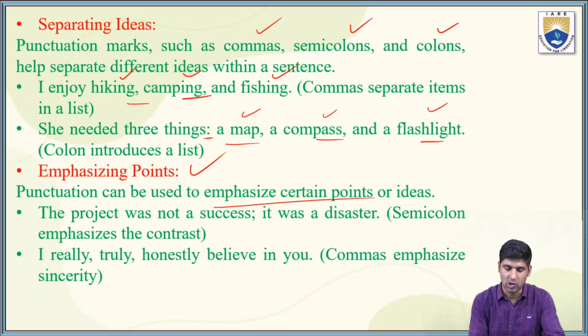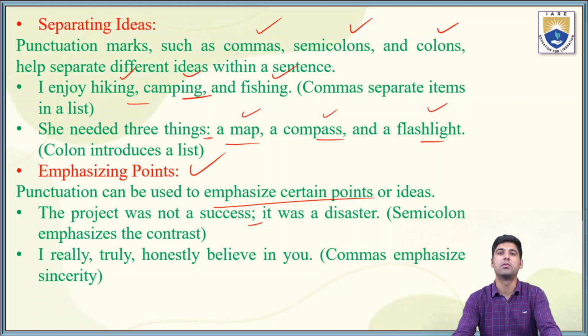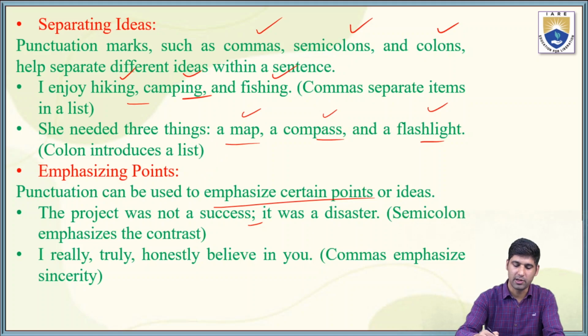So we have this semicolon here. This semicolon emphasizes the contrast between two sentences. The sentence is: the project was not a success; it was a disaster. So this is the use of the semicolon to emphasize the contrast.